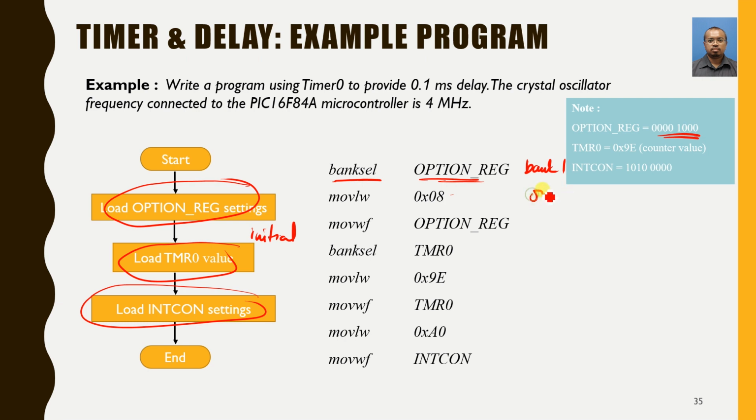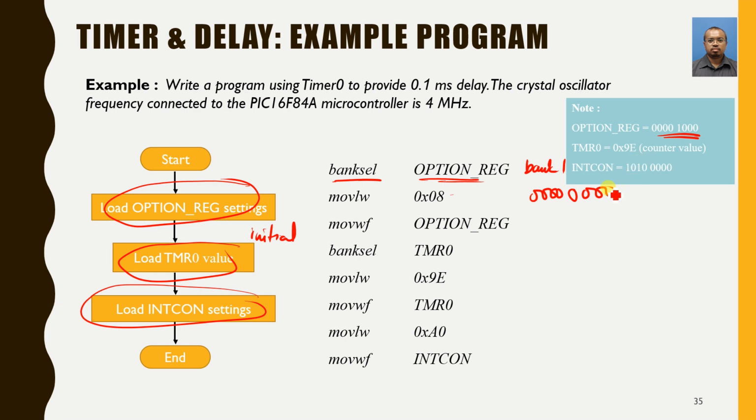08 means 0000 1000. Here meaning you set PSA to watchdog timer. Okay, if you want to use the prescaler, okay, we're not using watchdog timer, so this should not be 1, this should be 0.